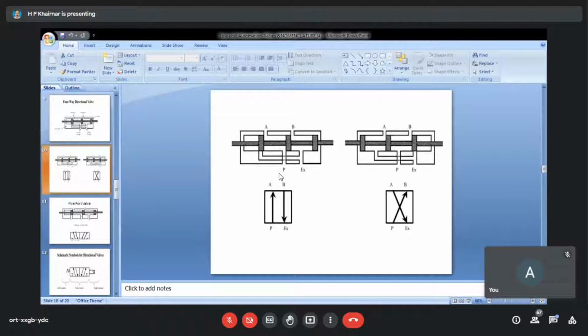In that case, you can see P gets connected to B, and A is connected to exhaust. One dotted line is indicated; it is showing a hidden part of it. So this is how A can be connected to exhaust. So P is connected to B, A is connected to exhaust.